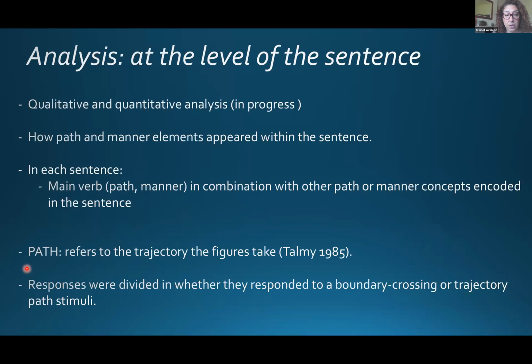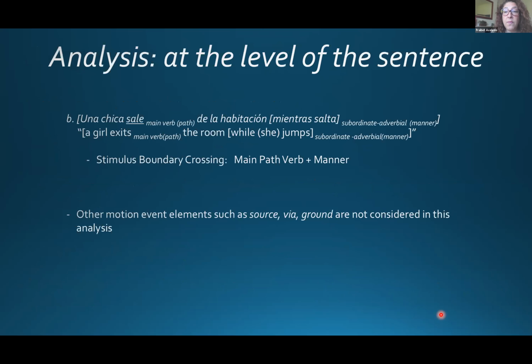Here, of course, is our concept of path, and the responses were also divided according to whether the video was showing a boundary crossing event or a trajectory event. So, for example, in a sentence such as "una chica sale de la habitación mientras salta," which is translated as "a girl exits the room while she jumps," the stimulus is a boundary crossing stimulus.